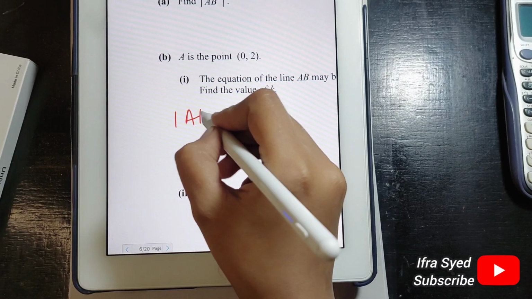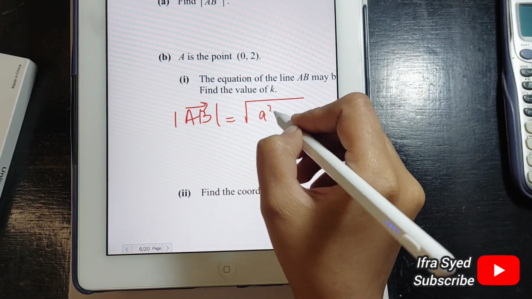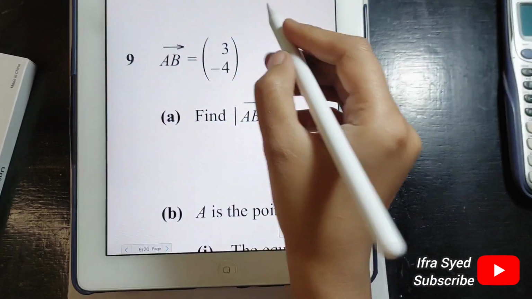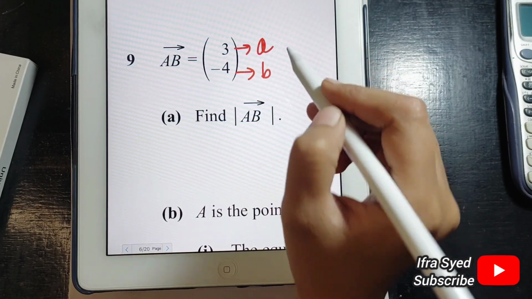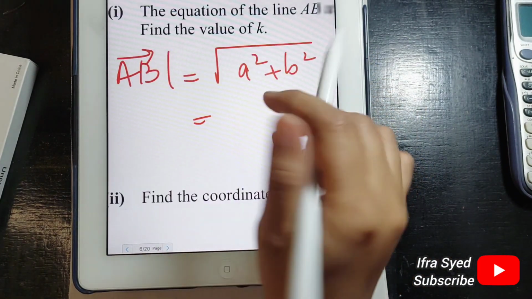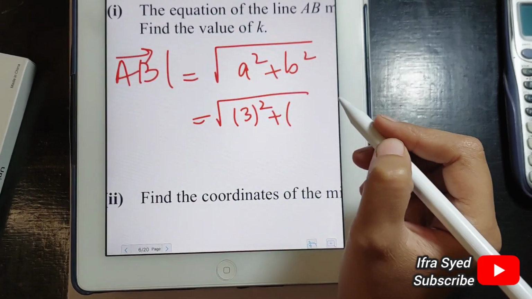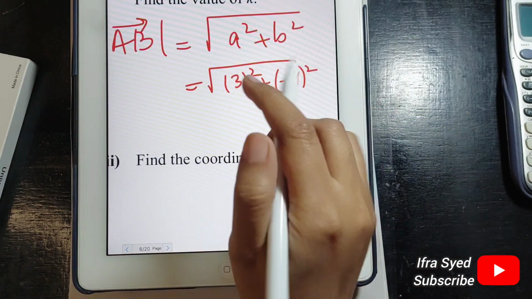So magnitude of AB is equal to the square root of a square plus b square, and in the given question this is a and this is b. So we write 3 in place of a: 3 square plus, and we write minus 4 in place of b: minus 4 whole square.